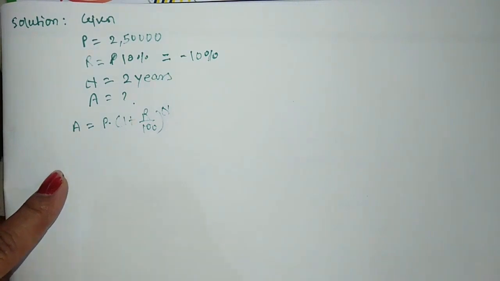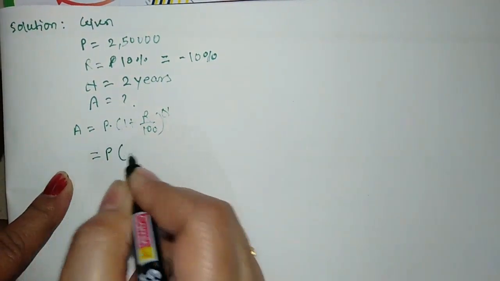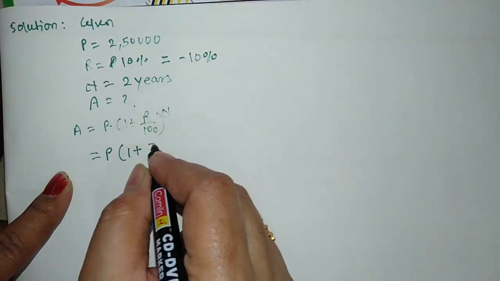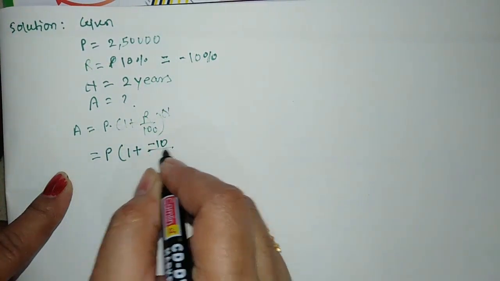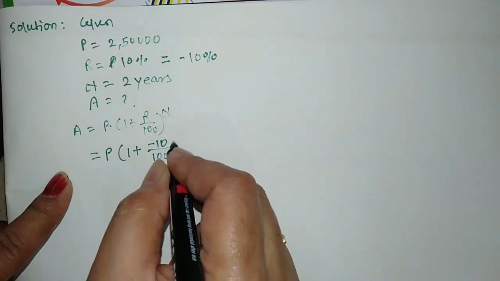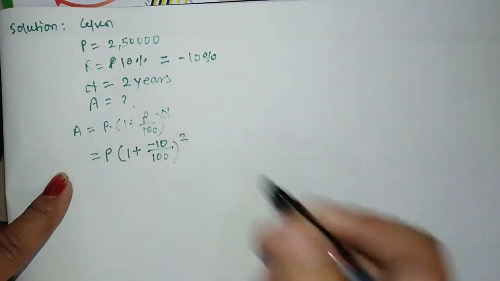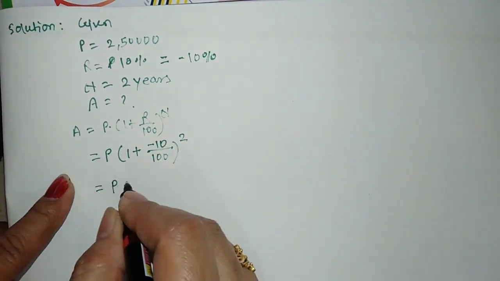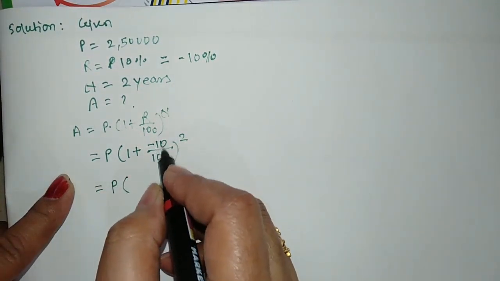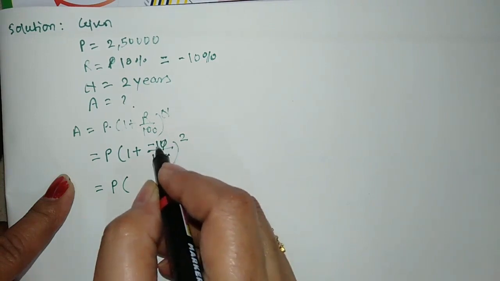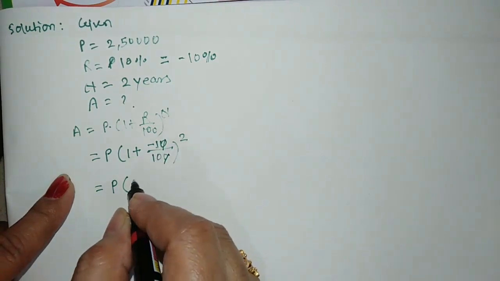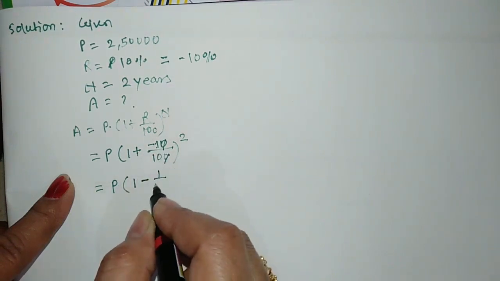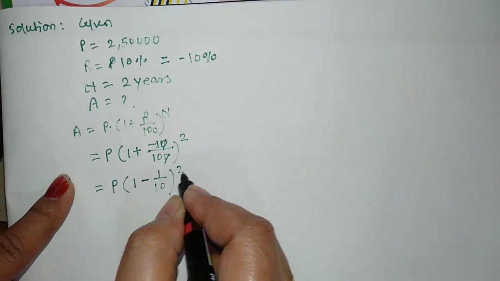Put up the values. P into 1 plus R is minus 10 upon 100 raised to 2. So P into, take the reduction here, 0 0 cancel, 1, this plus minus become minus, 1 upon 10 raised to 2.